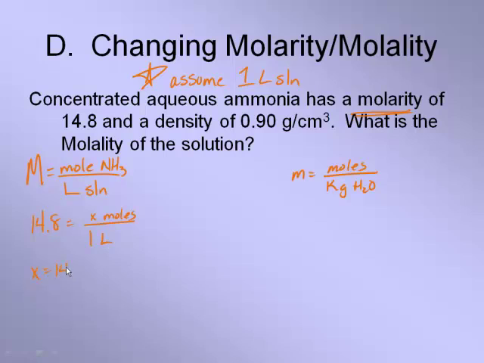X equals 14.8 moles of NH3. I know my density is 0.90 grams per 1 cubic centimeter, which will be equal to 900 grams per 1 liter.